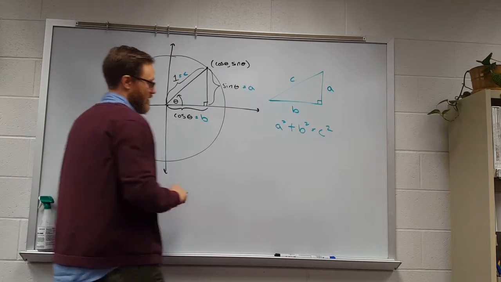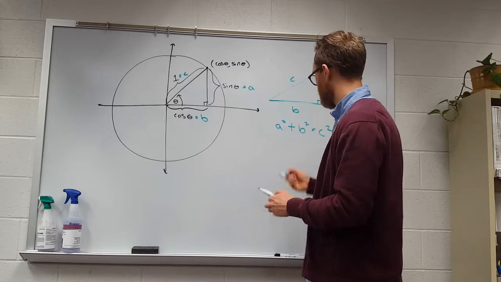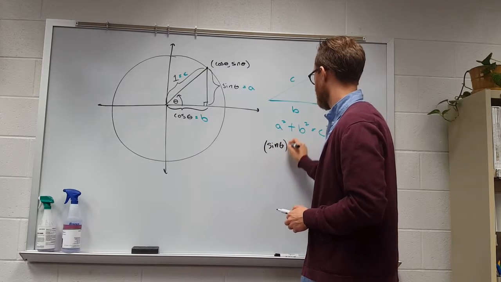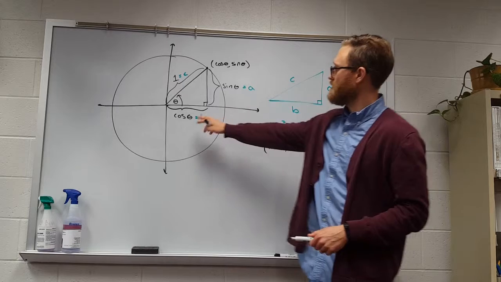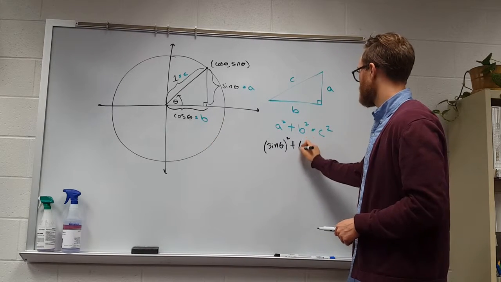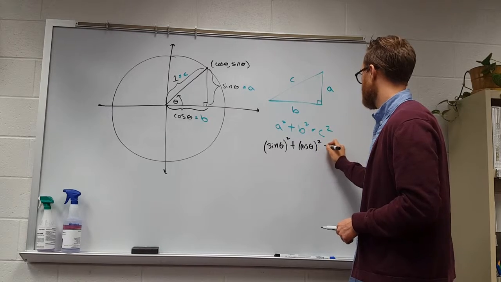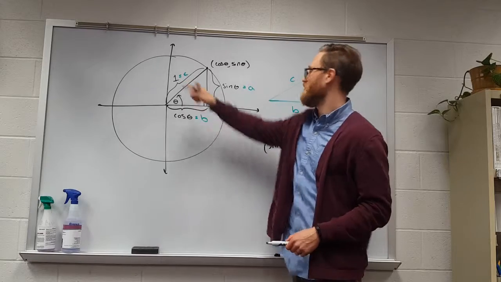So we're going to have A squared, which in our diagram is going to be sine theta squared, plus B squared, which is going to be cosine of theta squared, equals C squared, which is 1 squared.